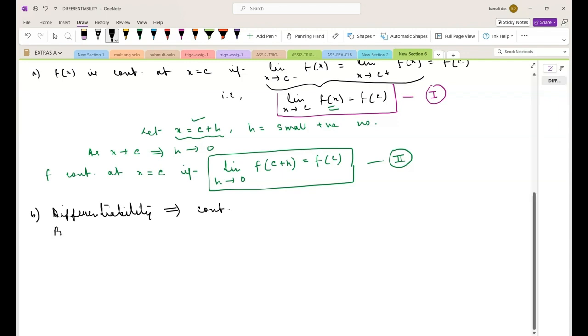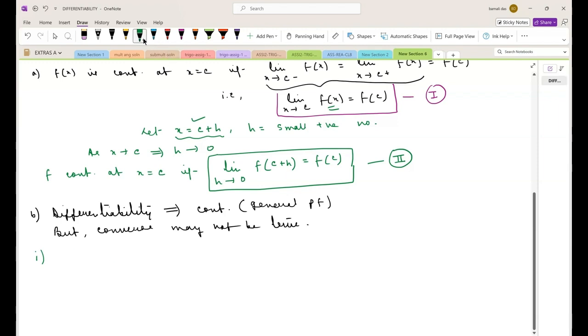But the converse may not be true. So obviously, when I want to show differentiability implies continuity, this requires a general proof because it is always true. But when I prove the second part, I will give a counterexample. So let us prove the first part, that is differentiability implies continuity.